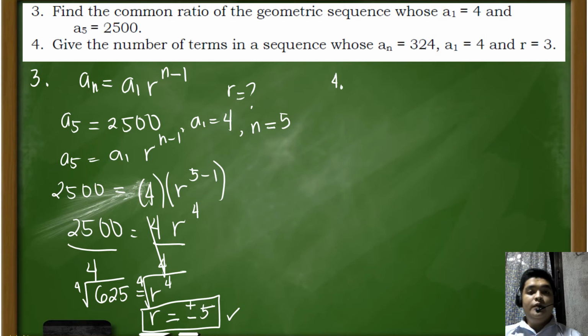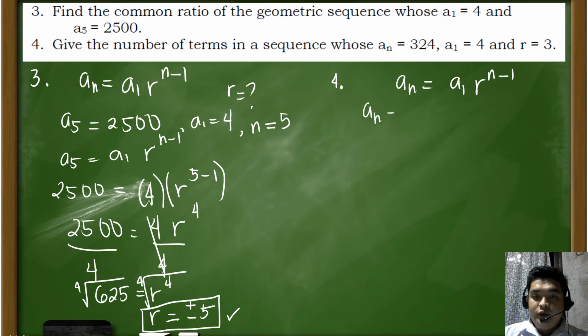Okay, so give the number of terms in a sequence whose a sub n is 324, a sub 1 is 4, and r is 3. Okay, so we'll just use the same formula. Here the unknown is n. So let's substitute.